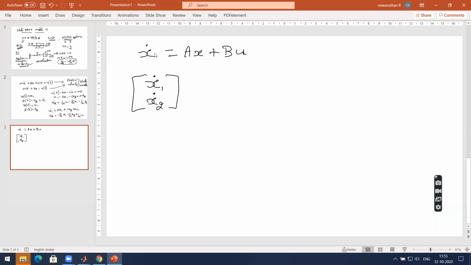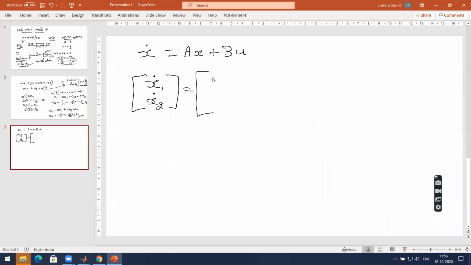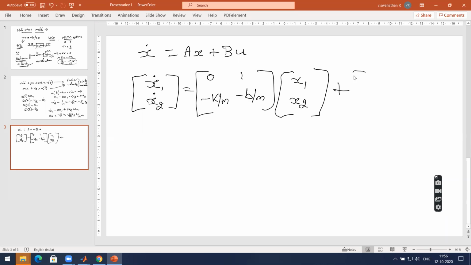This forms x dot equal to, what is A? A multiplied by x: 0, 1, minus k by m, minus c by m, multiplied by x1, x2, plus, what is B?